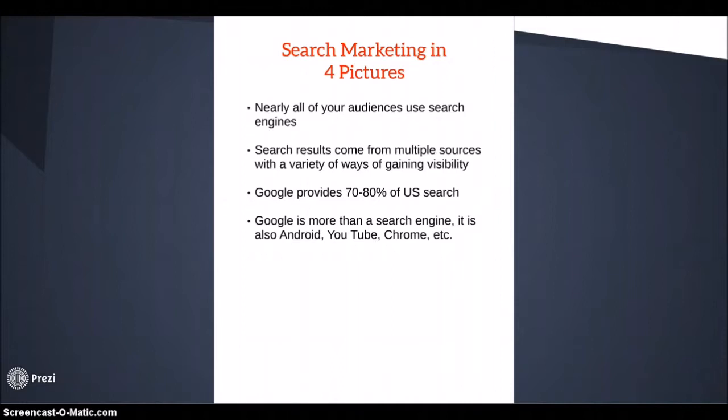We talked about it also being the Android operating system for smartphones. It's also YouTube and Chrome. The Chrome browser controls 60% of the browser market. So again, not to beat a dead horse, but we want you to understand just how important and dominant Google is in the search marketing world.